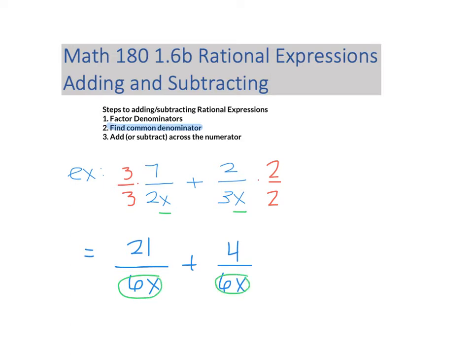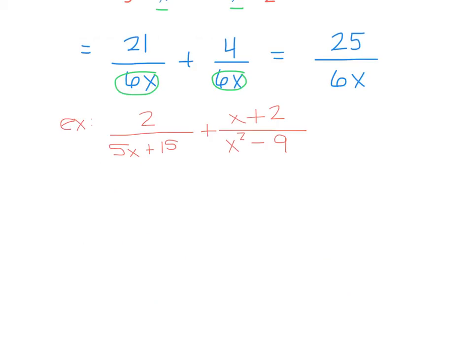Now once we get that common denominator, that's the denominator in our answer. So we're done with the denominator. Now sometimes we are able to do some canceling and it might change a little bit, but we don't need to do anything else as far as the next step goes on the denominator. Now we're to that place where we're going to add across the numerator. So 21 plus 4, we get 25.